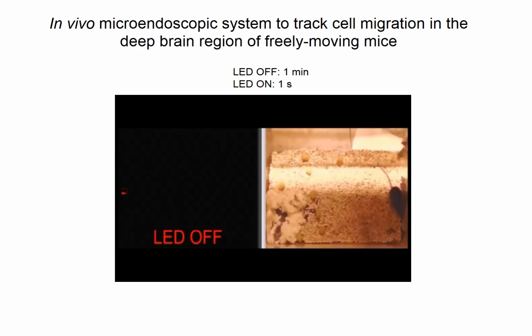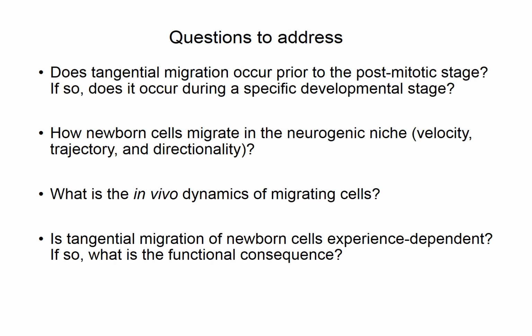So using this system, the questions we would like to address are: does tangential migration really occur prior to the post-mitotic stage? And if so, does this occur during a specific developmental stage? Also, how do newborn neurons migrate in the neurogenic niche? Do they have characteristic velocity, trajectory, and directionality?